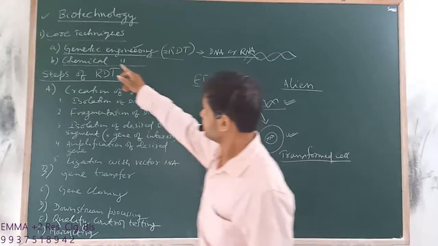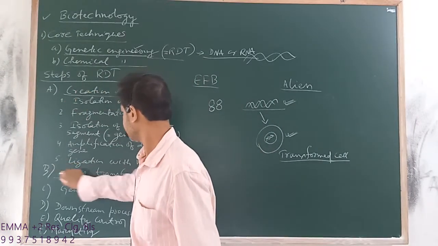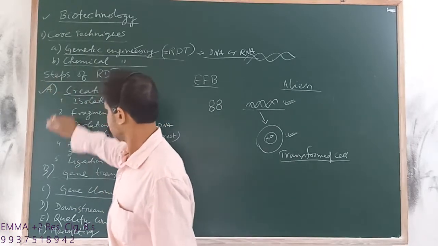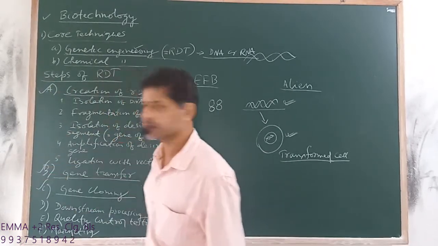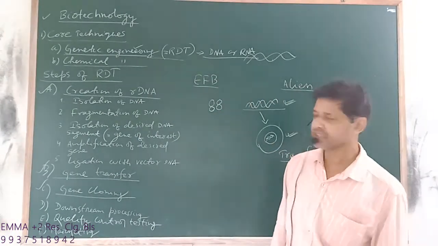So, genetic engineering basically involves three major steps. What are the steps of genetic engineering?